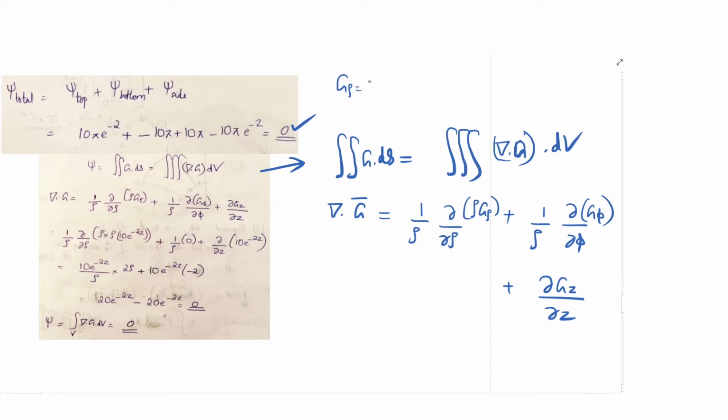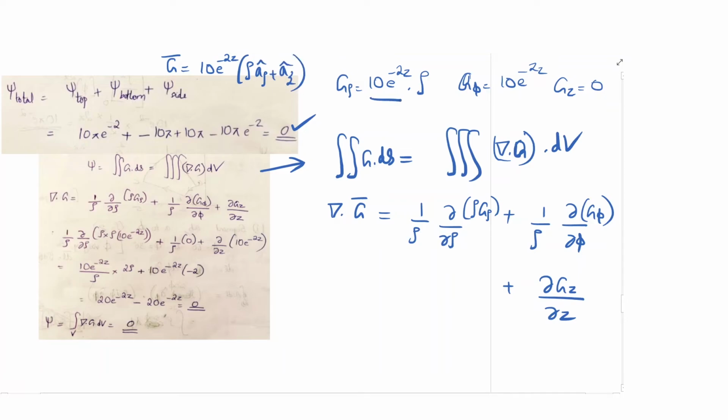G rho is equal to 10 e raised to minus 2z into rho, and the G phi part will be 10 e raised to minus 2z... Why? Because in the question G was given as 10 e raised to minus 2z into rho a rho plus a z. So it only has a rho component and a z component. 10 e raised to minus 2z into rho is the rho component, and 10 e raised to minus 2z is the z component.